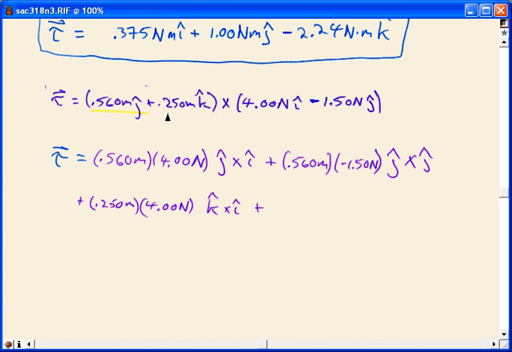And the last term will be this one into that one, so we got the 0.250 meters times the minus 1.50 newtons, and then it's k crossed into j.